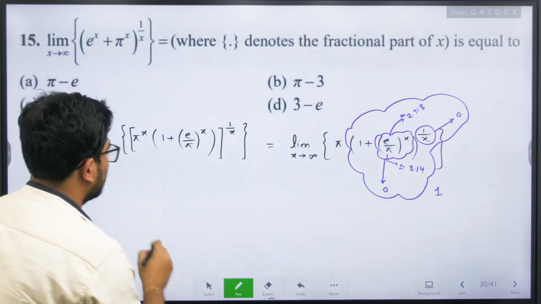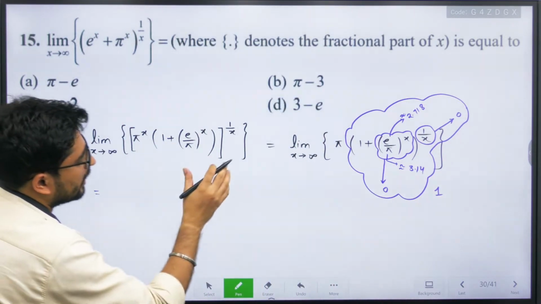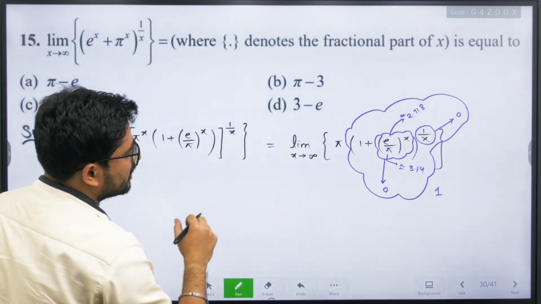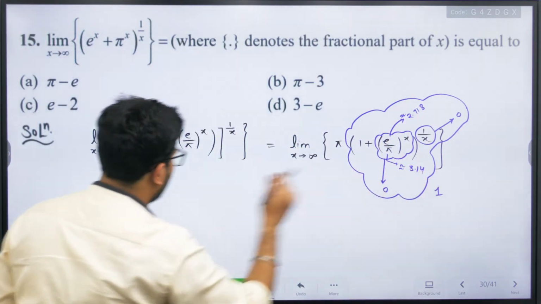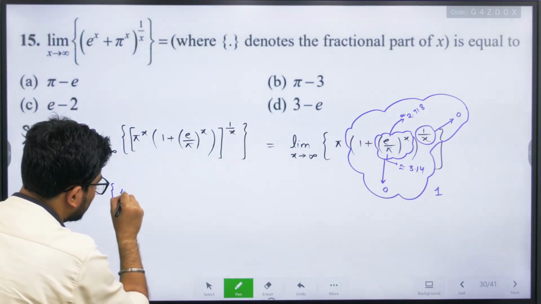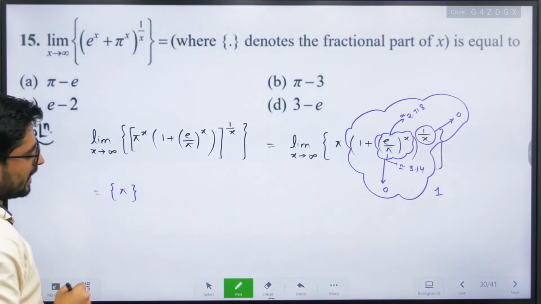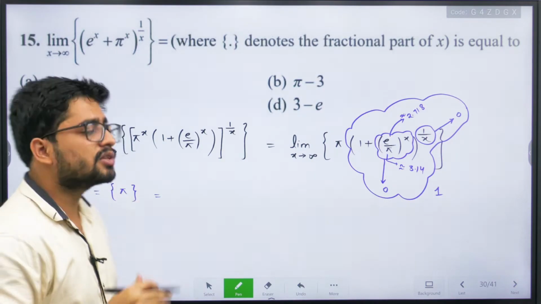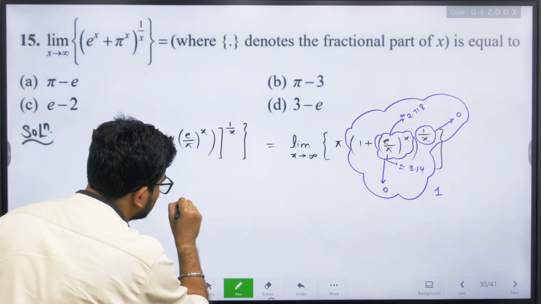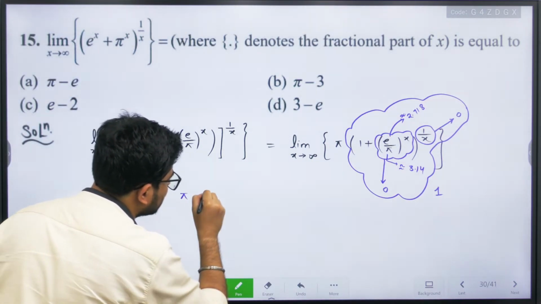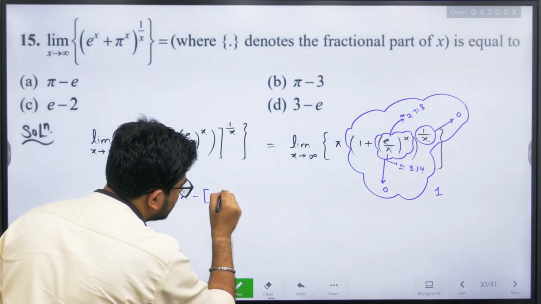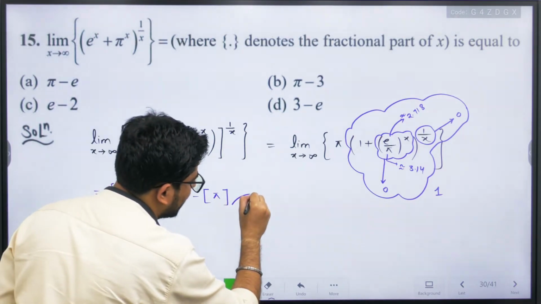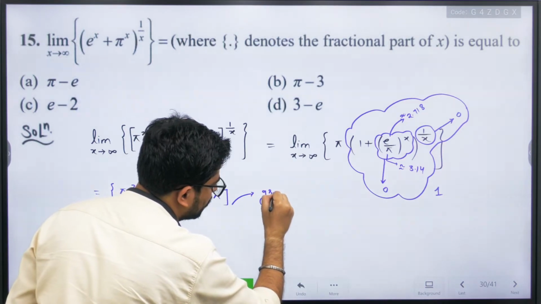So this thing is the limit as x tends to infinity of pi into 1, that is the fractional part of pi. So the fractional part of pi is what? That is pi minus the greatest integer of pi. Pi minus the greatest integer of pi. That is what? That is the greatest integer.